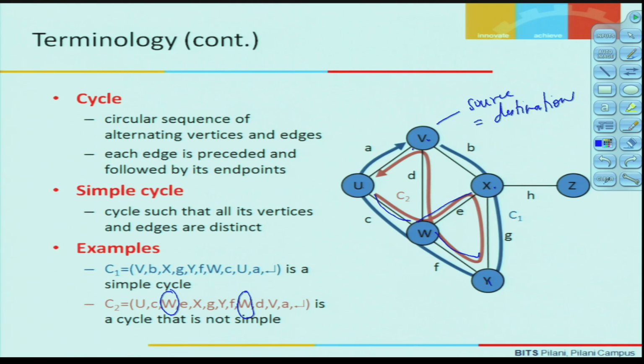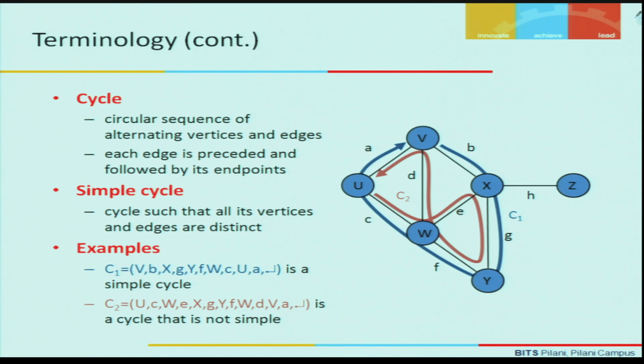So, cycles are a particular type of path, and you have cycles and simple cycles, like you have paths and simple paths.